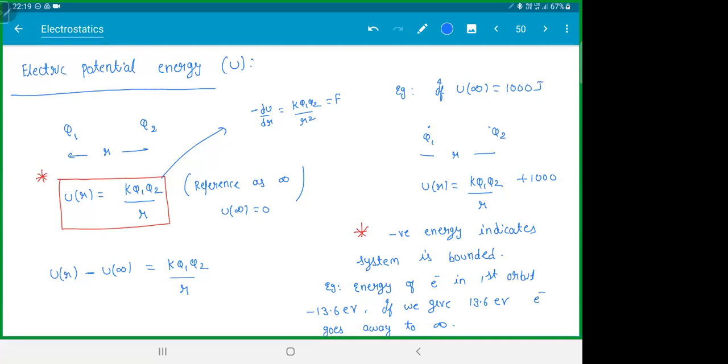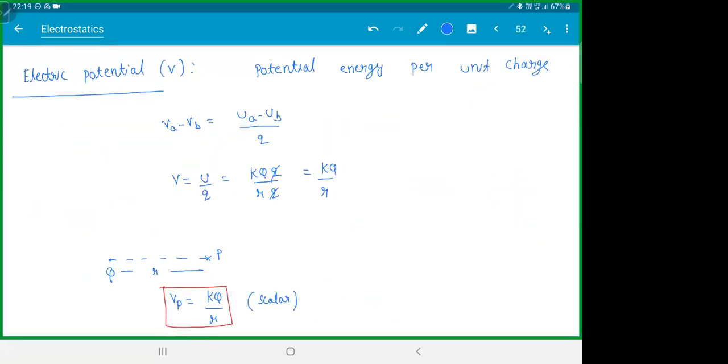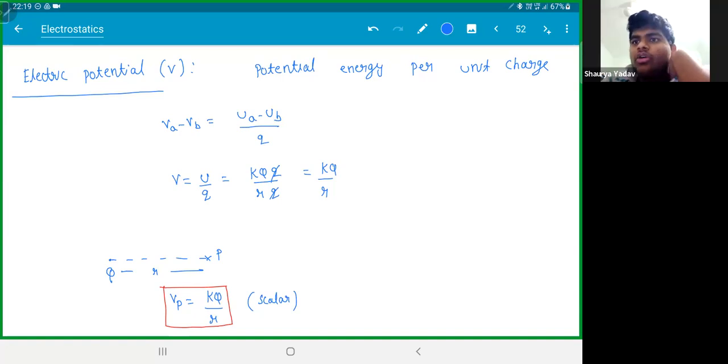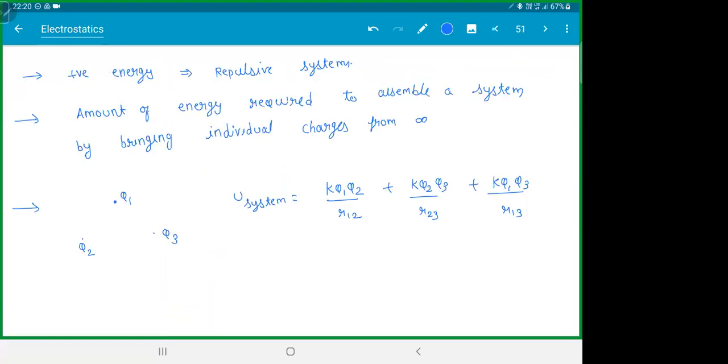In work power energy, F is equal to minus dU by dr. You can apply this to the potential formula also. Here we are taking UB as the zero reference. Clear?